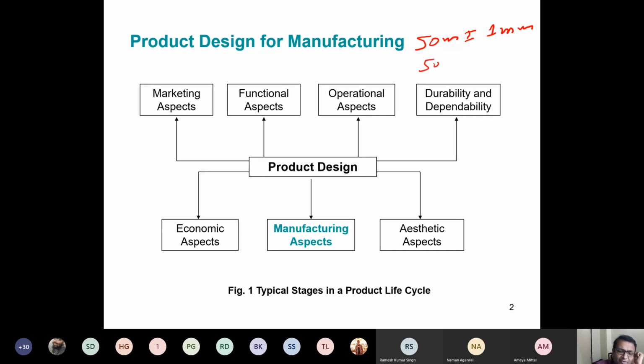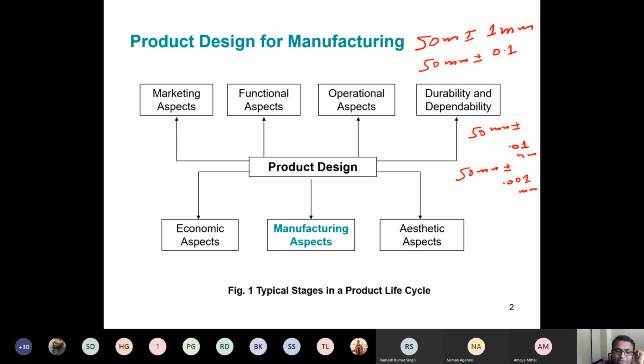Now I say make 50 mm plus minus 0.1. You will say it's okay, 0.1 is 100 microns, still okay. Now I say make 50 mm plus minus 0.01, a 10 micron tolerance. Now I say make 50 mm plus minus 0.001 mm.